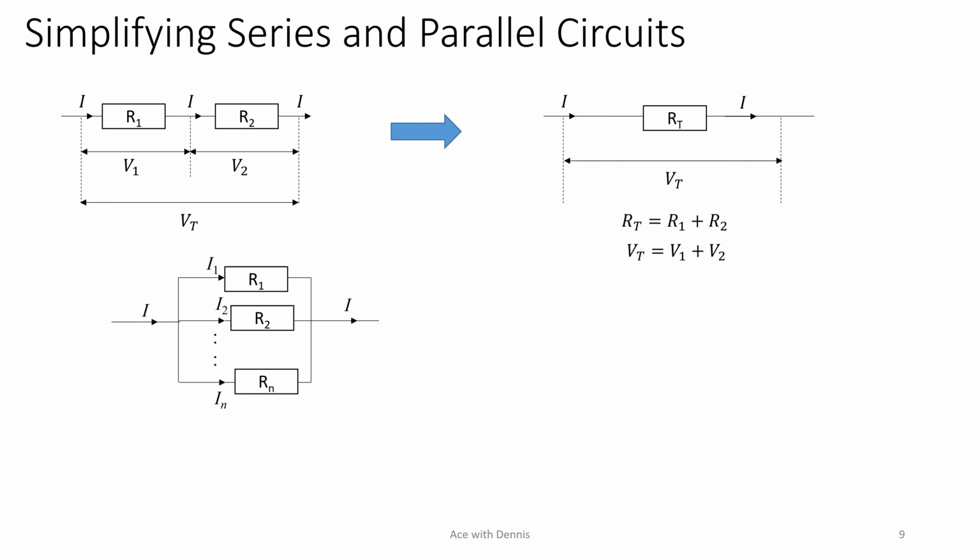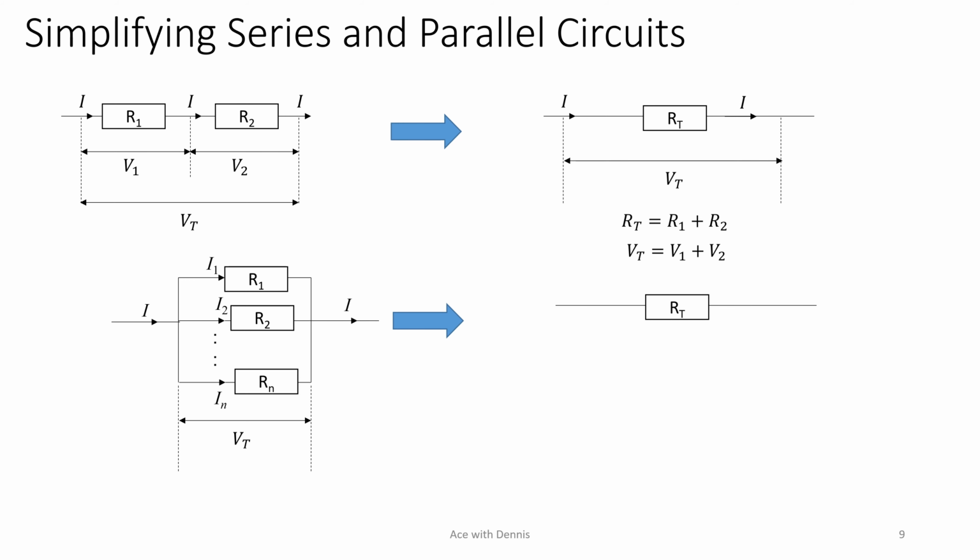In a parallel circuit, we assume that there are n resistors connected in parallel. Each resistor has a current flowing in. For example, the first resistor has current I1, the second resistor I2, and the nth resistor In. The potential difference for each resistor is the same, which is Vt.